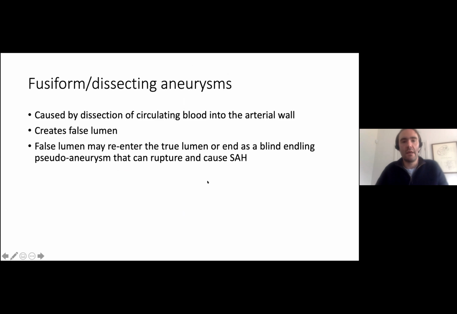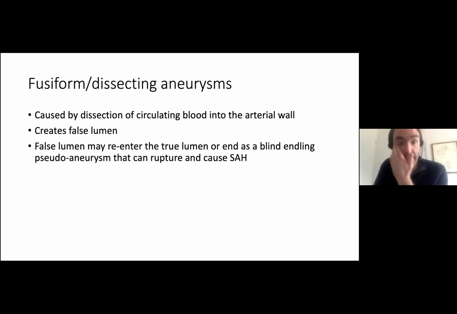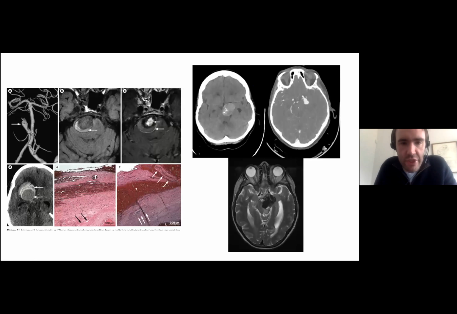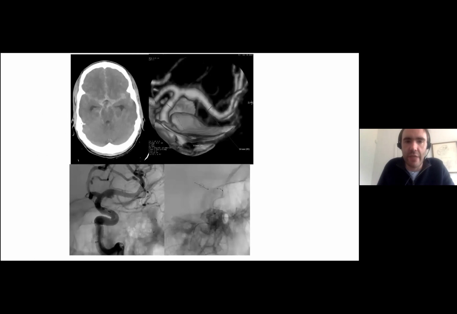So, as I've said just then, another sort of slightly different aneurysm is a fusiform aneurysm. Okay, so we've talked about saccular, we've talked about giant saccular, and now we're going to talk about fusiform aneurysms. Fusiform or dissecting aneurysm essentially describes the shape of the aneurysm.